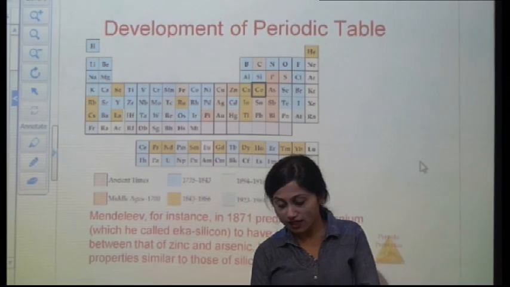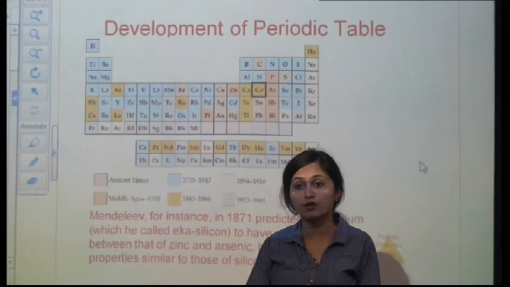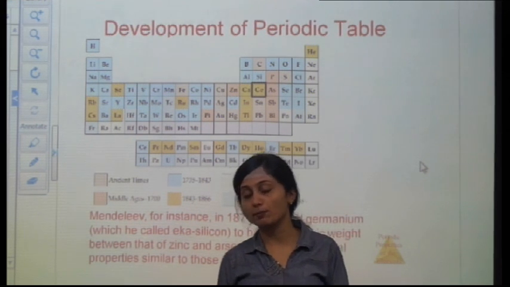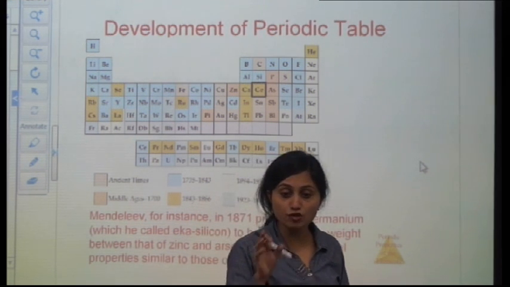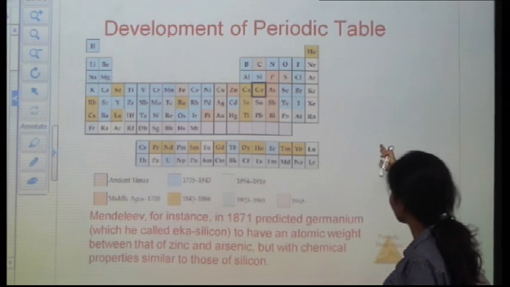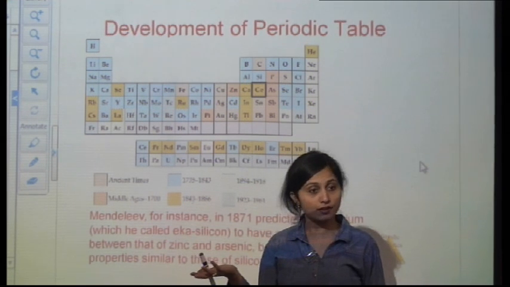That is because at that time they were found to form a negligible number of compounds. These gases, helium, neon, argon, krypton, xenon, radon, have the outermost configuration fully filled.